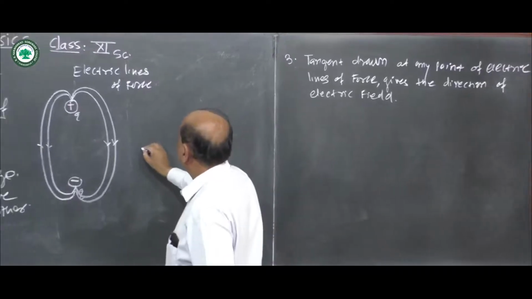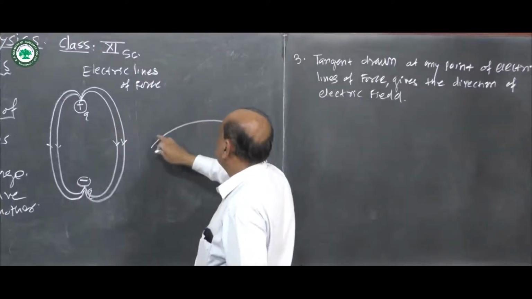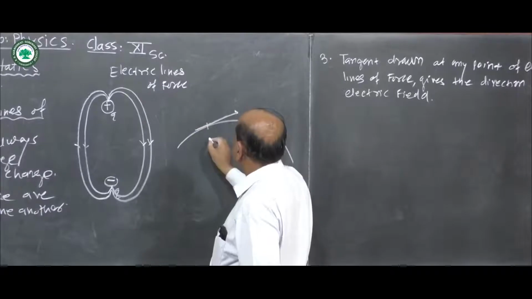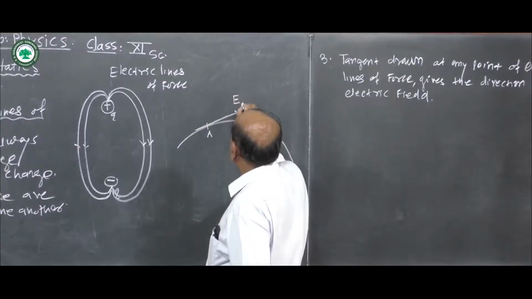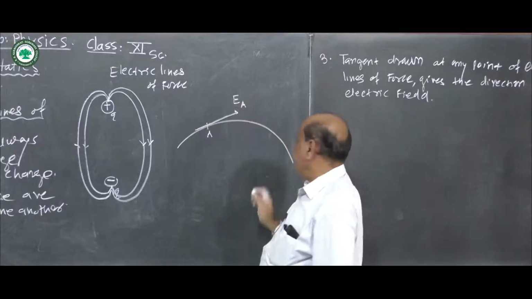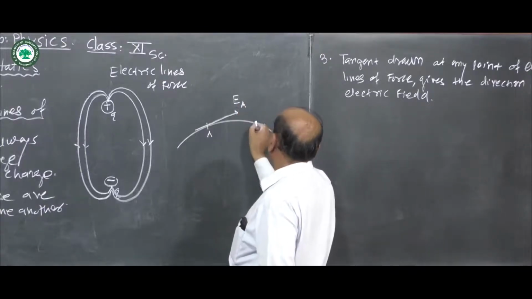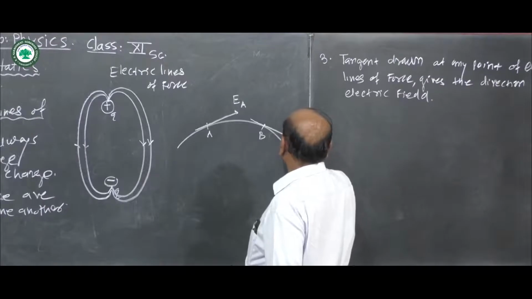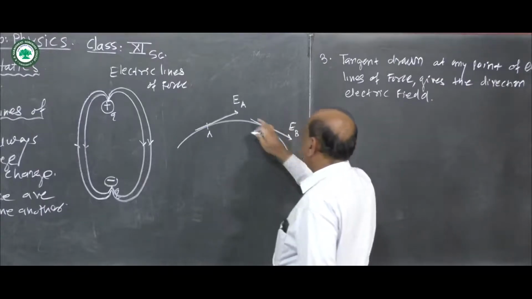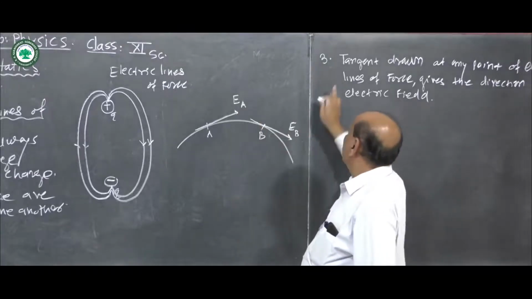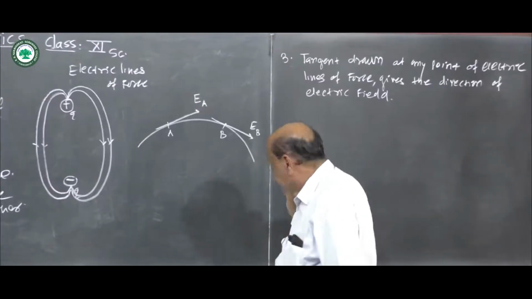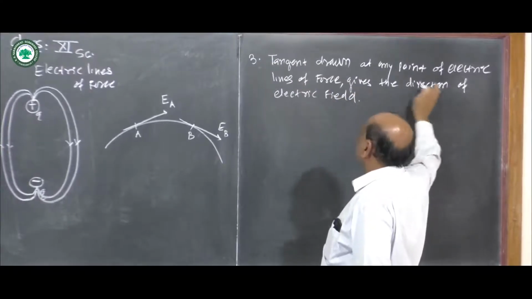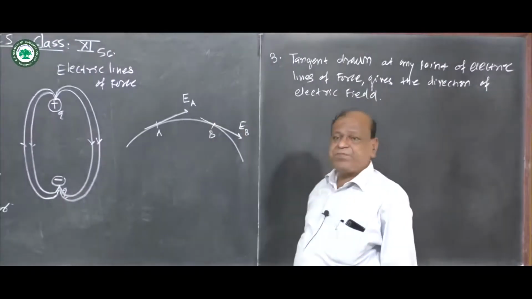Suppose this is a line of force. Now consider point A and draw the tangent at point A; that indicates the electric field at point A. Now consider another point B and draw the tangent at point B; that gives the direction of the electric field at point B. This is the meaning of the third characteristic: a tangent drawn at any point of an electric line of force gives the direction of the electric field.